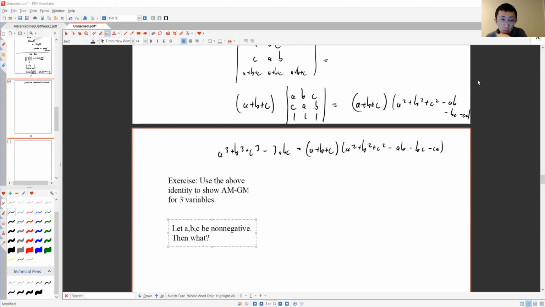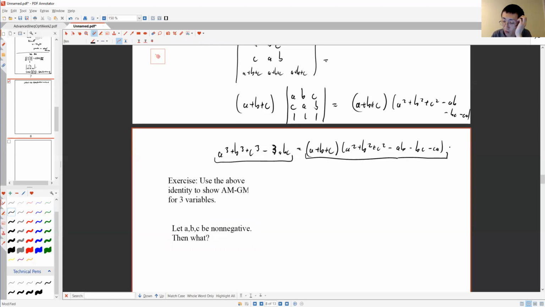Which part looks like AMGM? If you didn't understand the derivation, don't worry about it for now. If you multiply this out, you'll see that this is true for all A, B, and C. So it's checkable. I just wanted to motivate how one might think of how to factor it. Some of you are saying this term and this term.